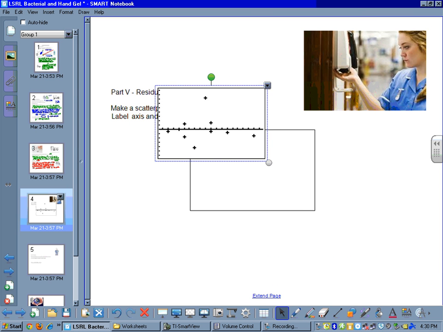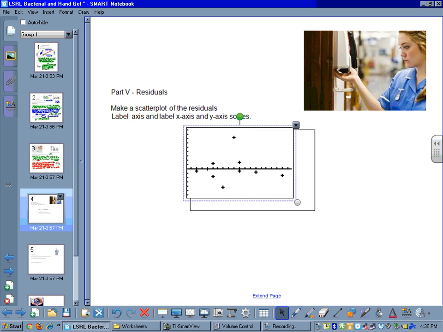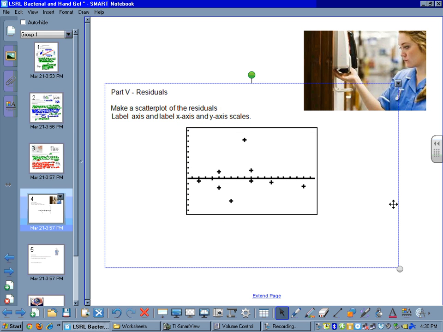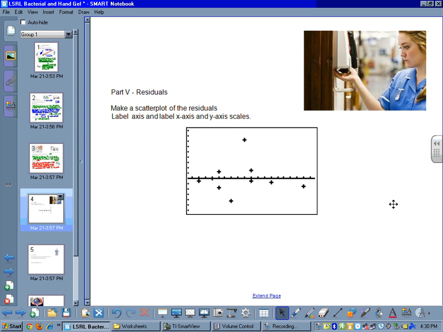Now, typically we want it to look very scatterish, like a snowstorm. This looks pretty scattered. We do see that there's only a few dots up top compared to the bottom. I don't really see any curving, not necessarily any funneling. That one guy does still concern me a little bit.